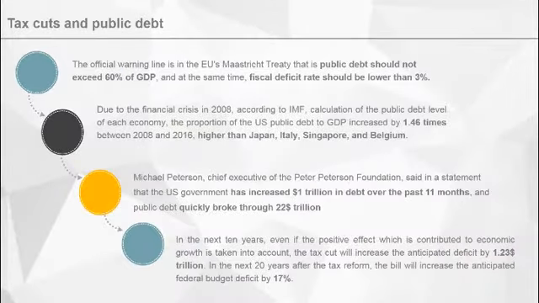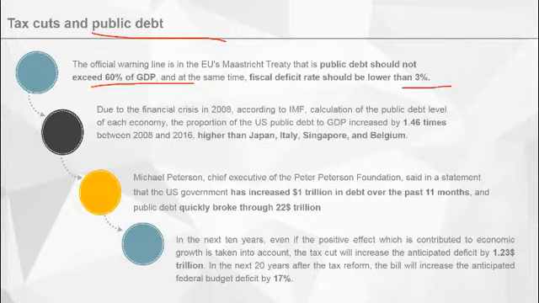This slide is the brief introduction about the American public debt issues. Firstly, I want to say the standard of the public debt. It should not be more than 60% of GDP, and the fiscal deficit rate should be lower than 3%.